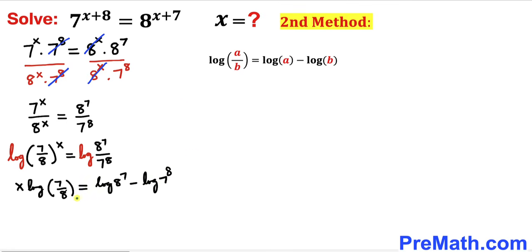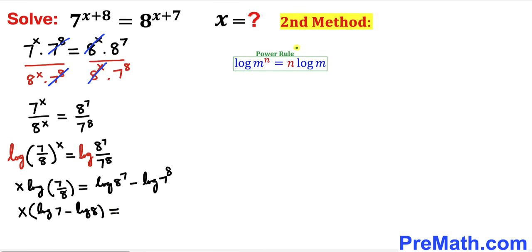And in this next step, I am going to use this logarithmic rule on the left hand side once again. So the left hand side is going to be x outside. So this is going to become log of 7 minus log of 8 is going to be equal to. And we are going to use this power rule once again on the right hand side as well.